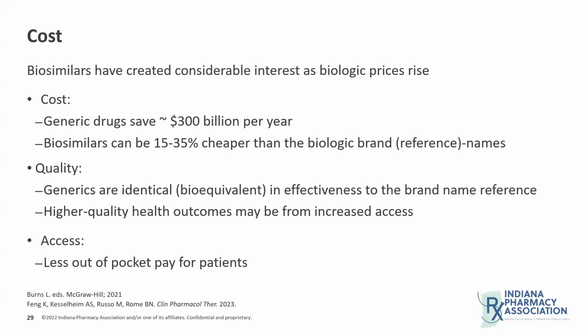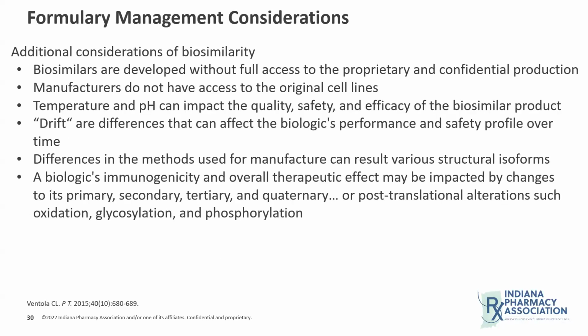Not only will reduced costs help the institutions and clinics, but there'll be benefit to the patient as well, especially with less out-of-pocket pay for patients. Like I talked about a little while ago, a lot of these are injections and infusions, which is a whole other cost to take into account. But at least we're treating the patient and helping them, especially if it's a rare orphan disease state. We want to get this treatment and therapeutics to our patient. And then we'll continue to talk about formulary management.